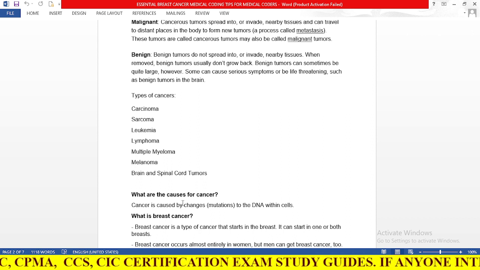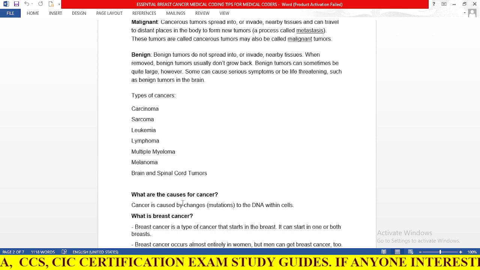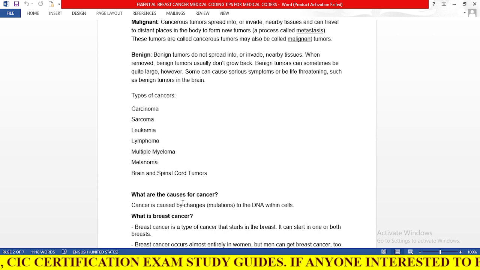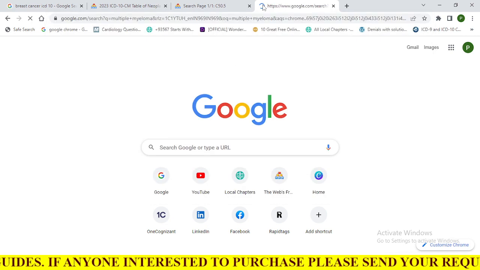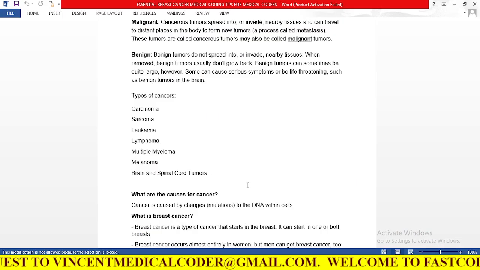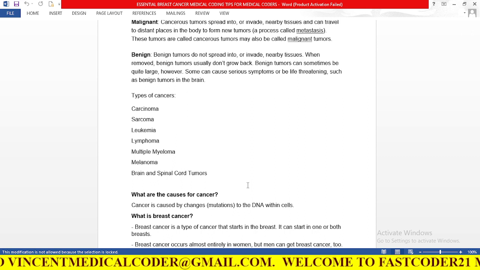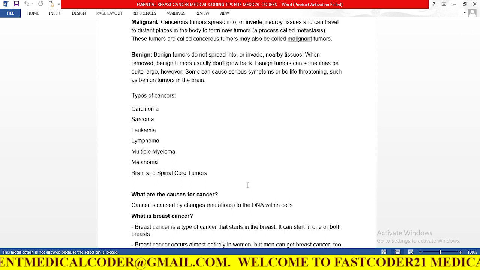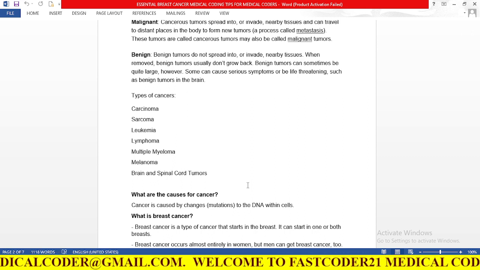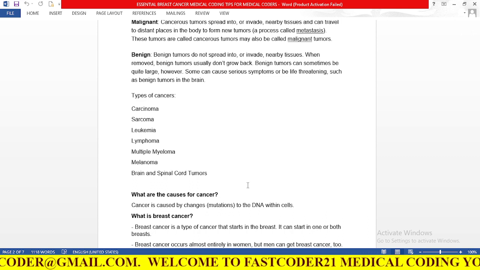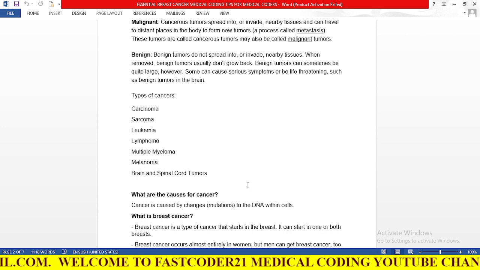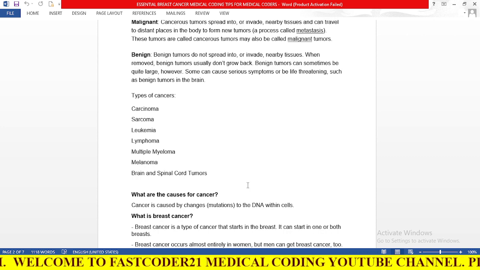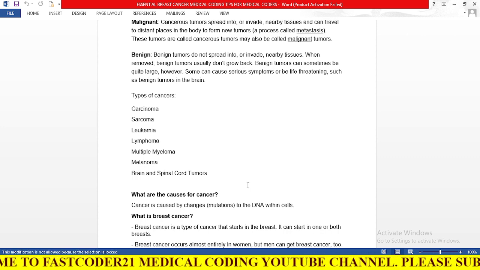Leukemia is a blood cancer. Lymphoma is related to lymph glands. Multiple myeloma is also a blood cancer. Melanoma is skin cancer, and there are also brain and spinal cord tumors. Even in the brain, whether malignant or benign, it may create a huge problem, so we need to rectify it as soon as possible.